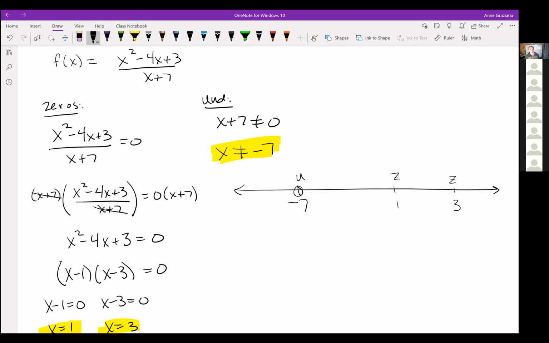Okay, so on your sign chart, -7 is my undefined and my zeros are 1 and 3.